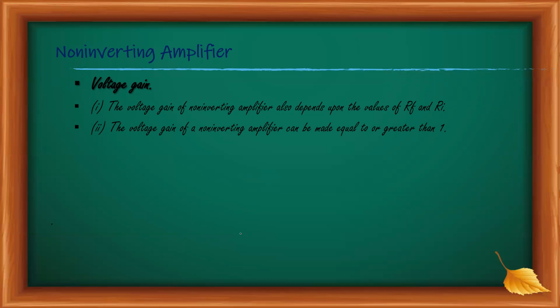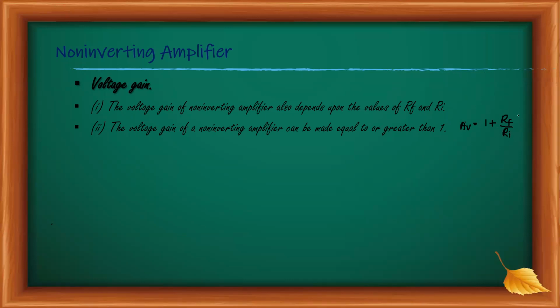When RF divided by RI is approximately equal to 0, the gain must be equal to 1. That is, we know that the gain AV is equal to 1 plus RF divided by RI.